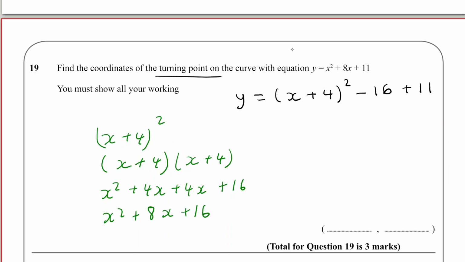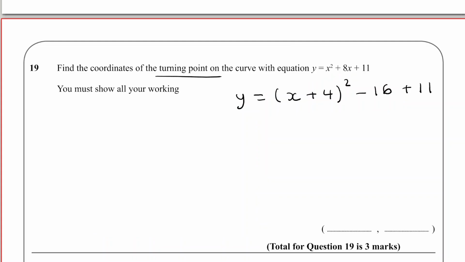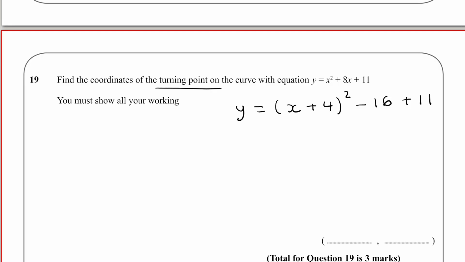So we wanted x squared plus 8x, but we didn't want the 16. So we take away the 16. So this part here is the same as x squared plus 8x, because it's x squared plus 8x plus 16 minus 16. So it's just rewriting the same equation in a different way.